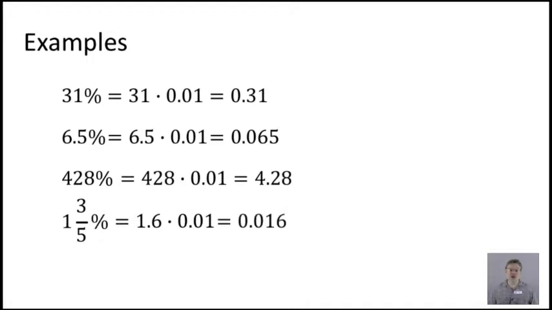We could also do this in fraction land by converting 1 3/5 to an improper fraction. That would be 8/5. Instead of dividing by 100 or moving a decimal point, now we're multiplying it by 1 over 100. Remember, all these things are equivalent to each other. So we have 8/5 multiplied by 1 over 100.